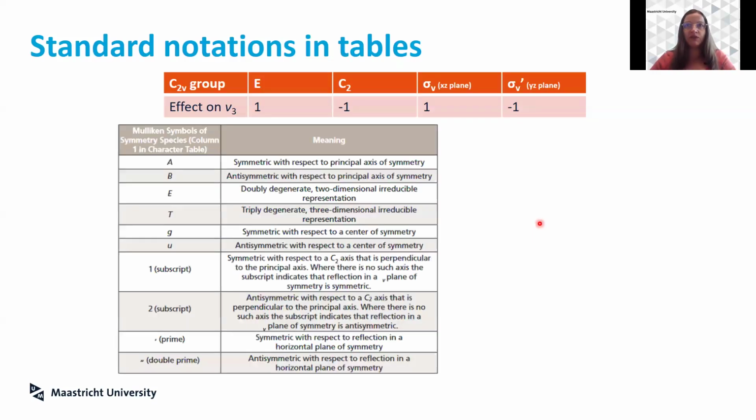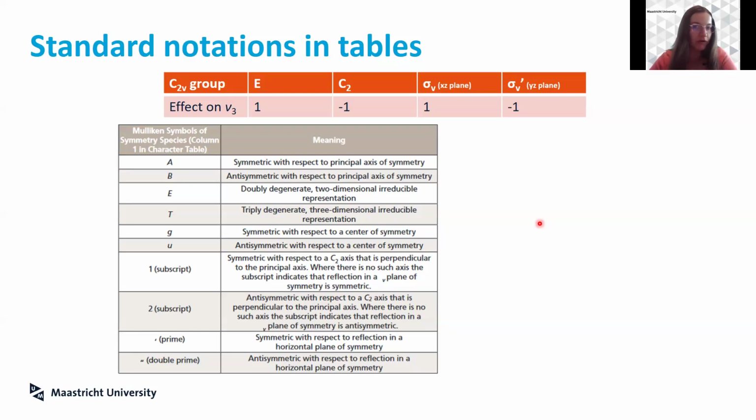For this, we can use the Mulliken symbols that I already introduced last time when we were looking at the orbitals. And the Mulliken symbols will assign something depending on how your motion, how your object is behaving against the point group. So it's always related to the symmetry elements of the point group.